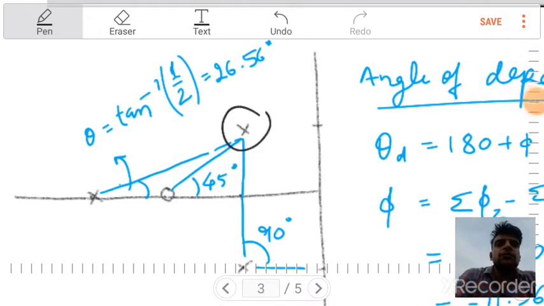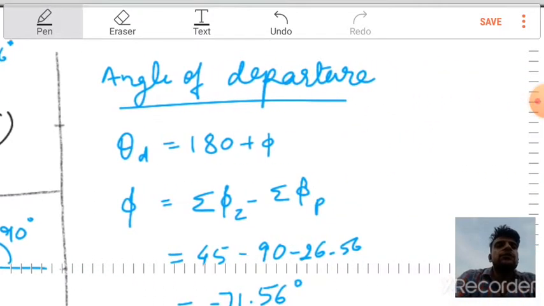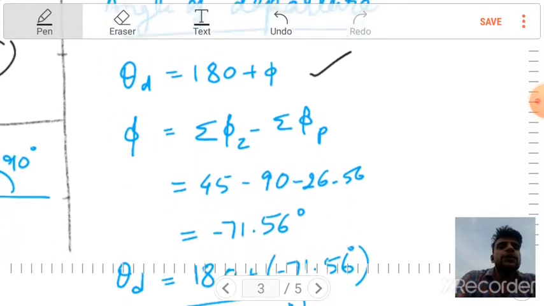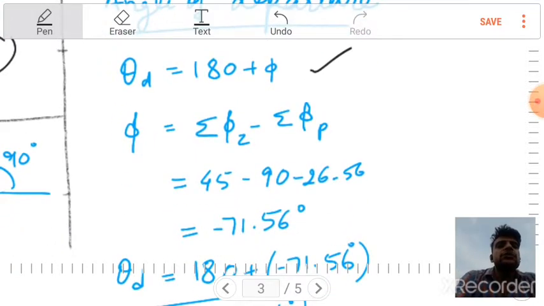Taking this complex pole as reference, we will find the angle from each pole and zero with respect to this pole. Then we know that the angle of departure is theta d equal to 180 plus phi, where phi is the summation of angle from each zero minus angle from each pole to that complex pole.